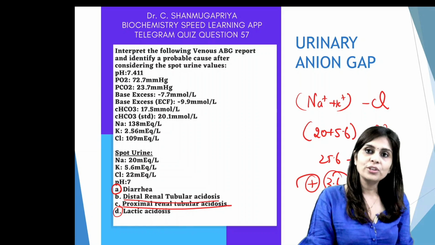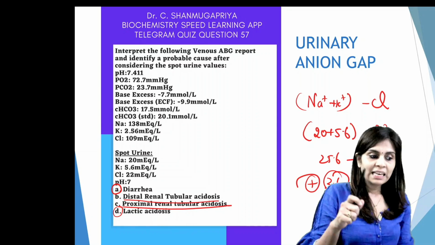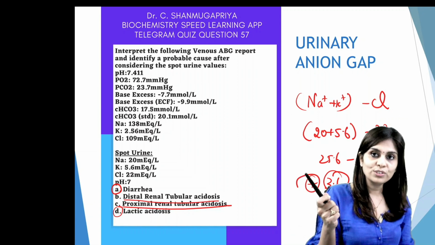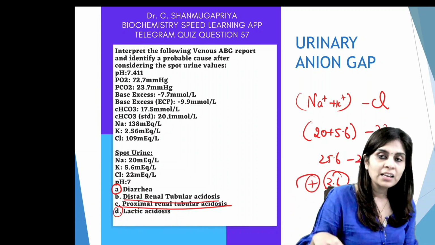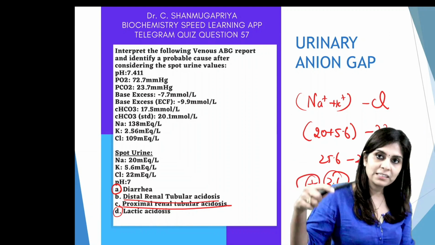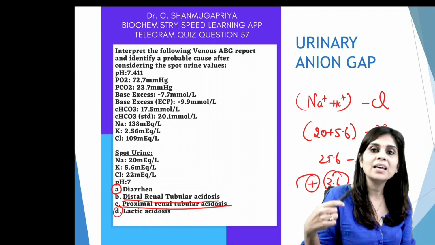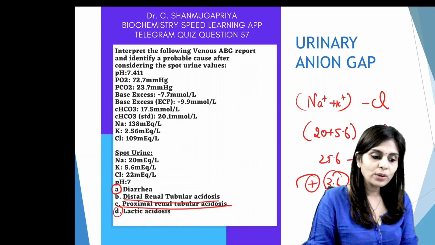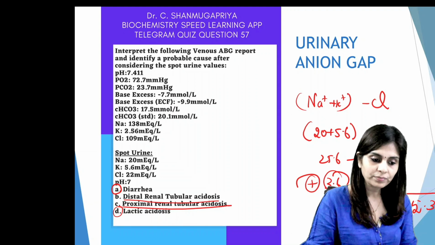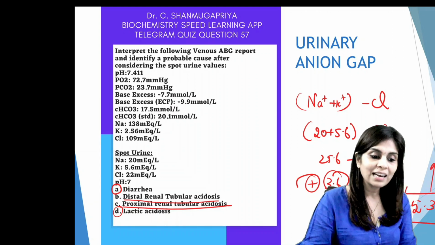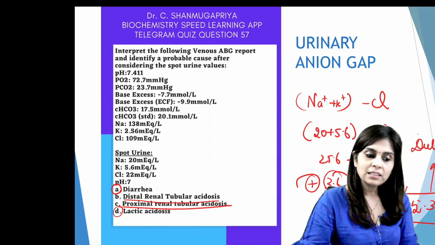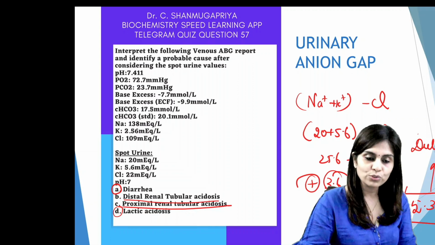As I've already told you in the 4th video of the series, if it's distal renal tubular acidosis, it means DCT has failed to secrete H+ ions. So if DCT does not secrete H+ ions, urinary pH will be high. If urinary pH does not fall below 5.3, that's diagnostic of distal renal tubular acidosis or classical renal tubular acidosis.